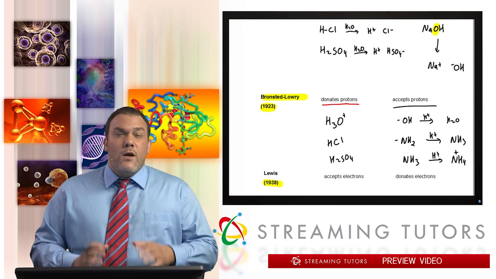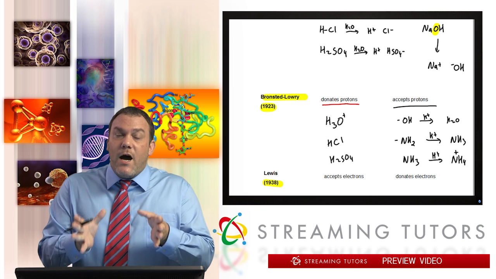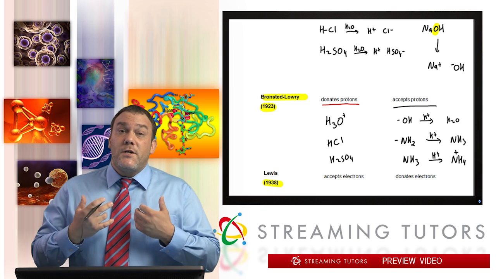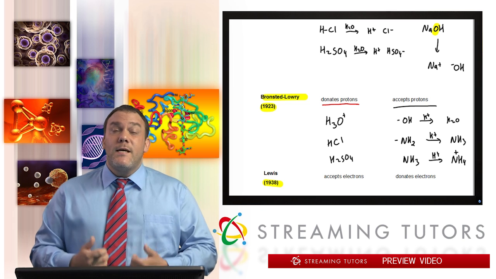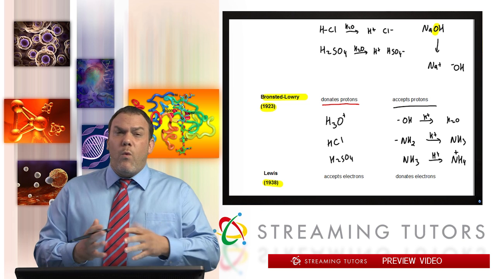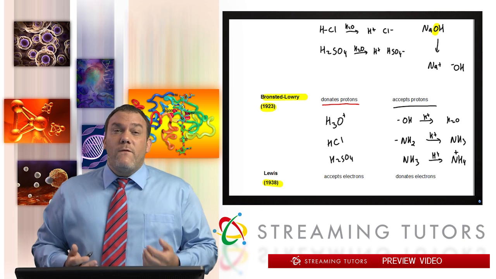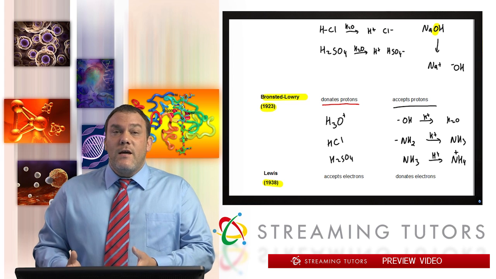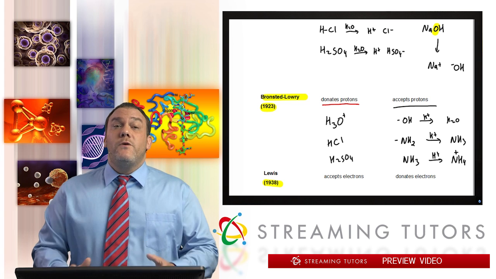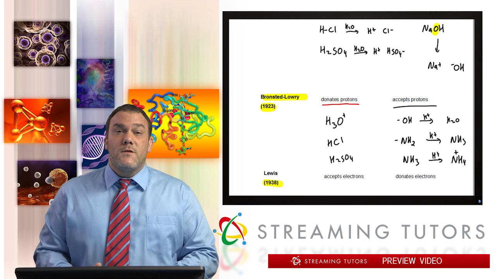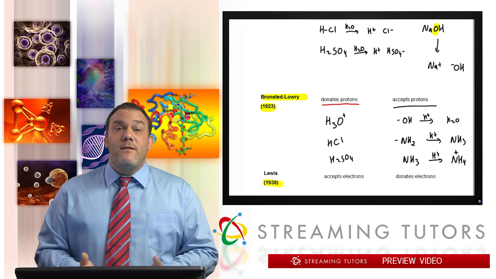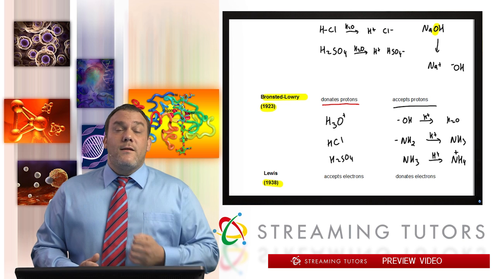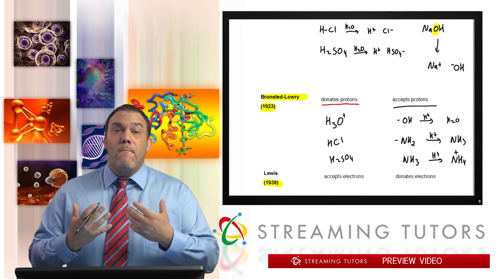So Lewis said, we're looking at it from a proton point of view, a proton acceptor and a proton donor, acceptor being the base, donor being the acid. But why don't we look at it from the point of view of electrons? Where are the electrons and where are they going? That's what Lewis contributed to this model. So he expanded the definition. He's going to include everything that Bronsted-Lowry has to say, but even add more to the story.